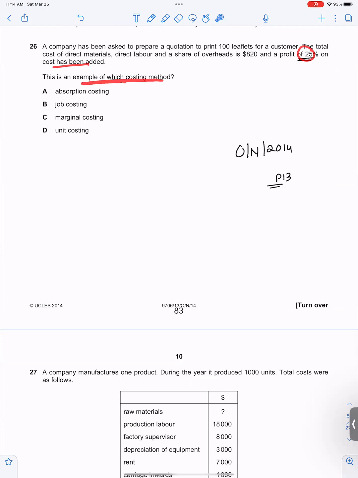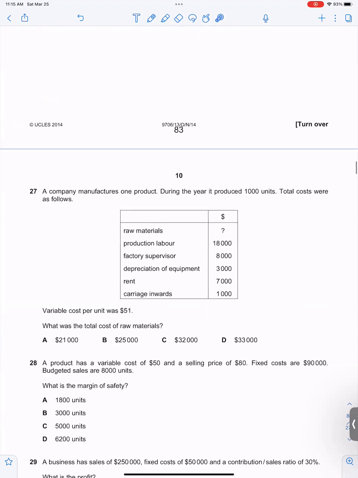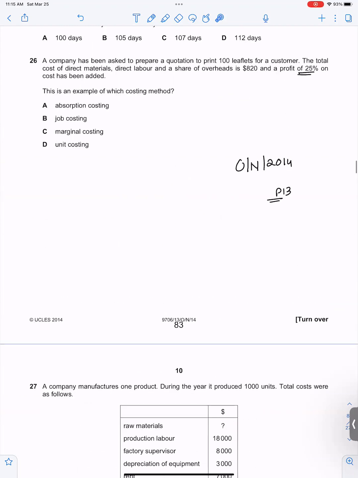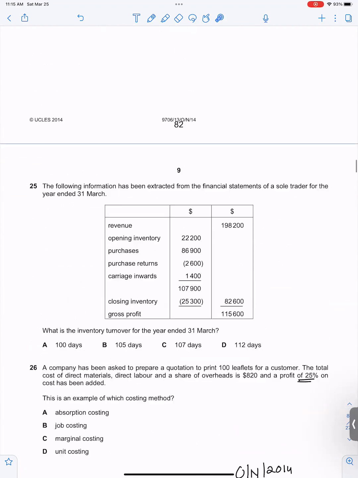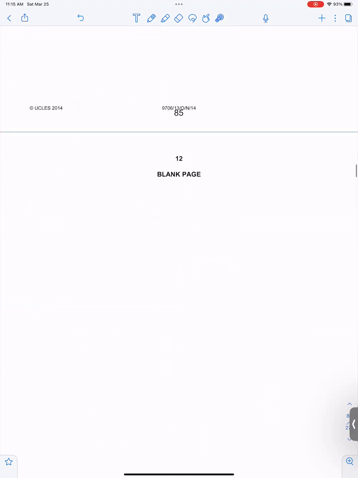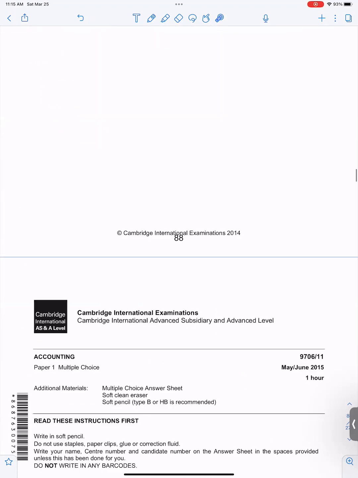It's not absorption costing, because you're preparing it for a particular job. So it is job costing. You are making it for a particular job. That is why the costing that is used is job costing.